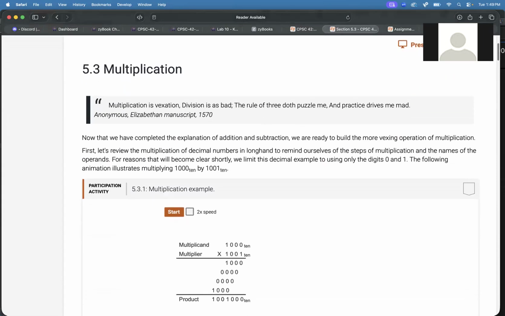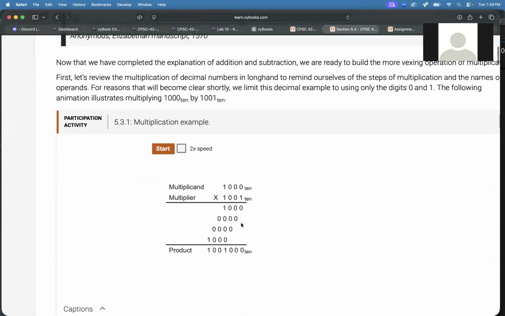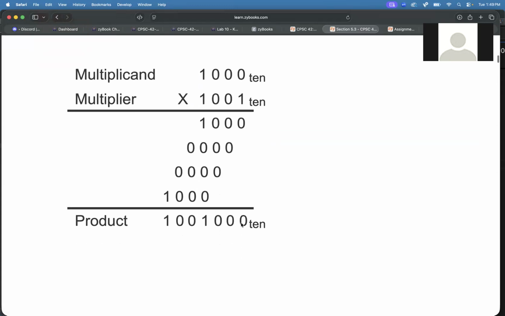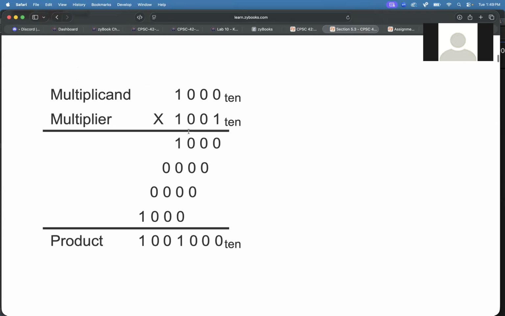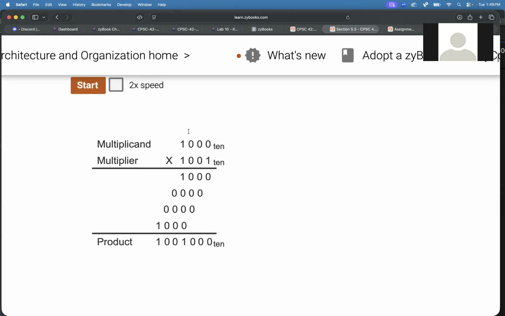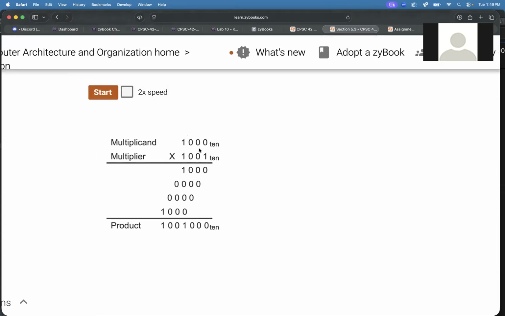Now let's get to the next section here, 5.3 multiplication. So we've done this on the board, I believe, at least either on the board or in the previous set of video. But you multiply using the exact same rules that you used for multiplying numbers by hand that are in base 10.